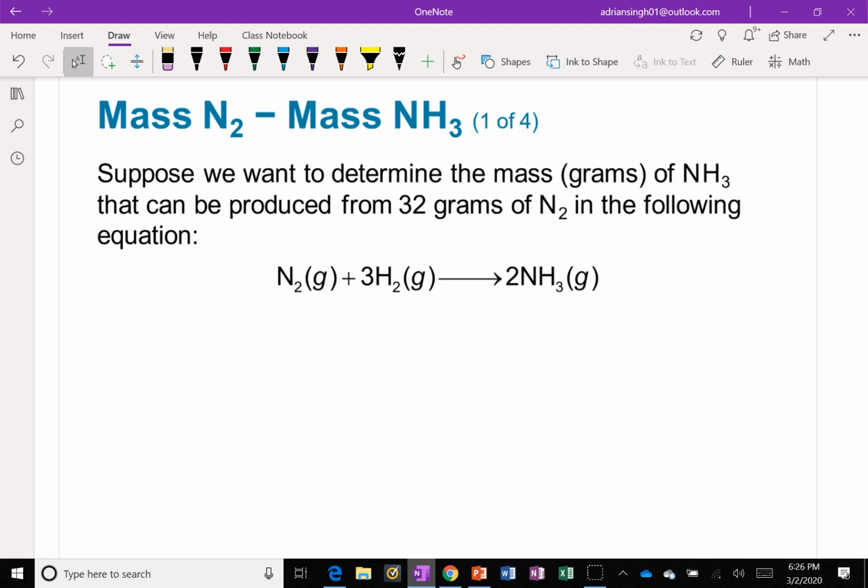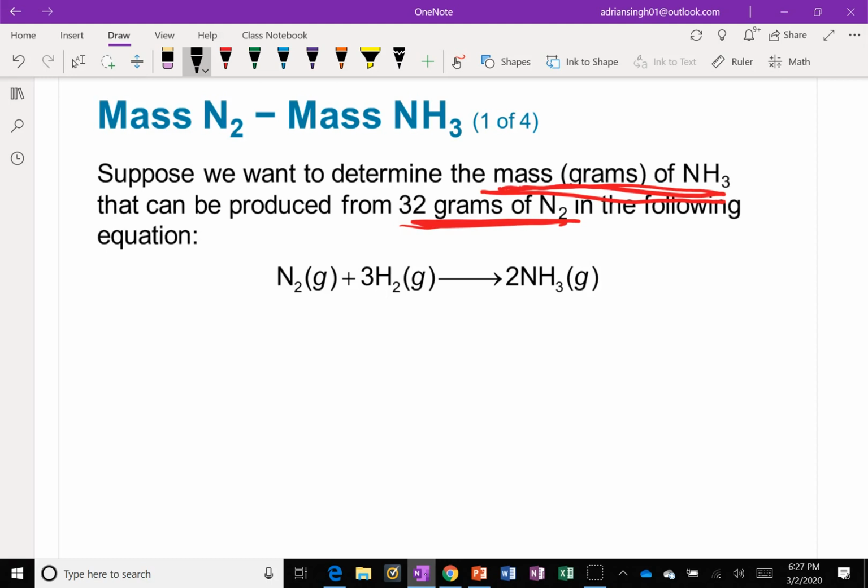Now we're told that we want to determine the mass of NH3 that we can make if we start with 32 grams of N2, nitrogen, in that equation. And we've already confirmed the equation is balanced, yes? Okay, so we don't need to mess with that.